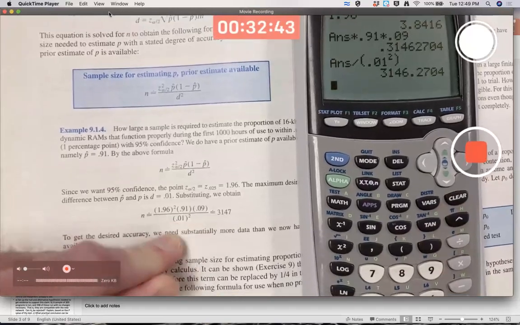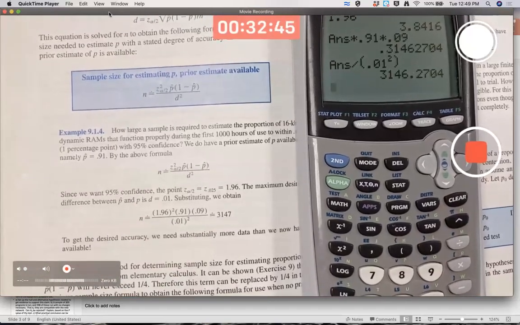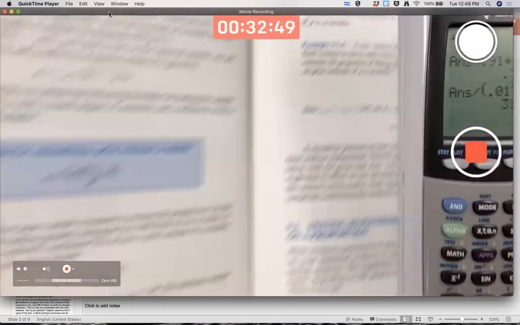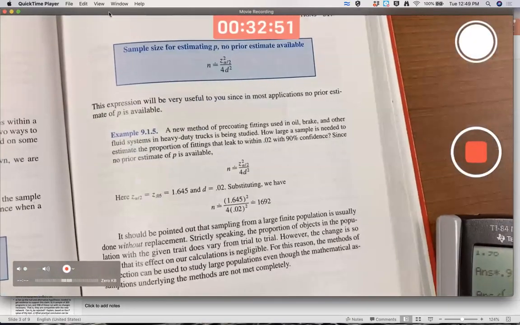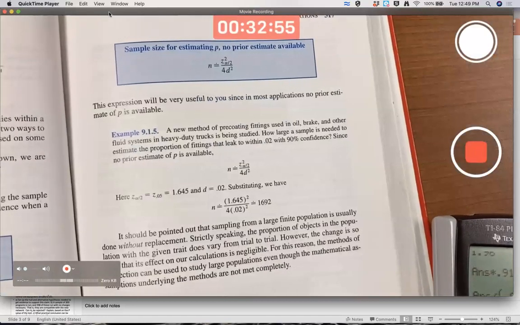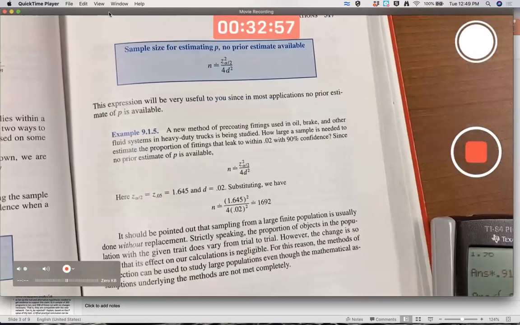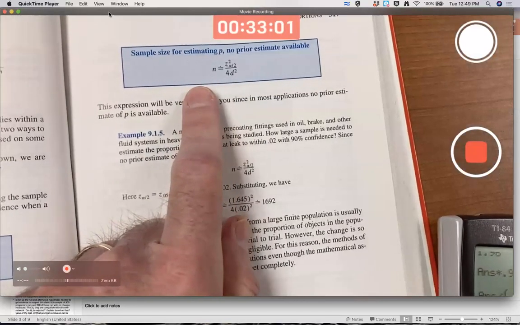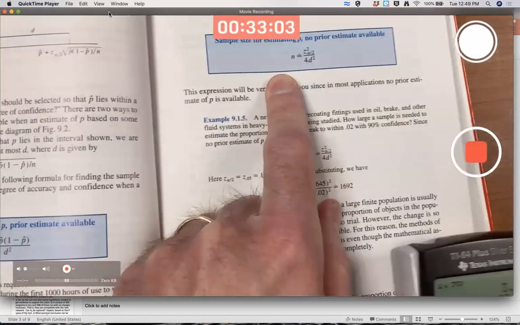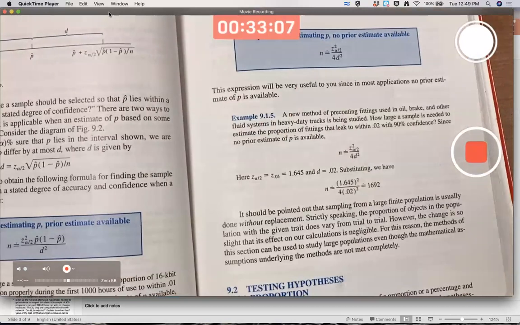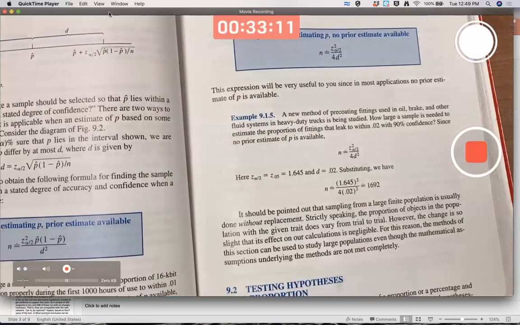If you want to play it extra safe, extra conservative, it never hurts to use the formula on the next page, which is a simpler formula. No p hat in there. This will give you a bigger value of n than the formula on the previous page. But hey, bigger is better as far as playing it safe with your margin of error.